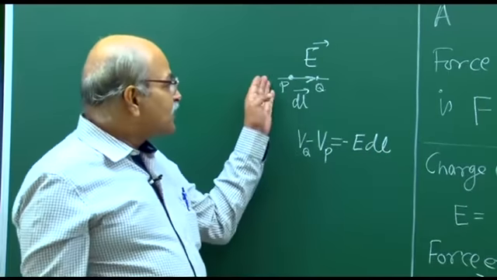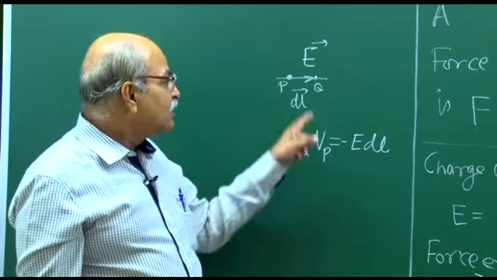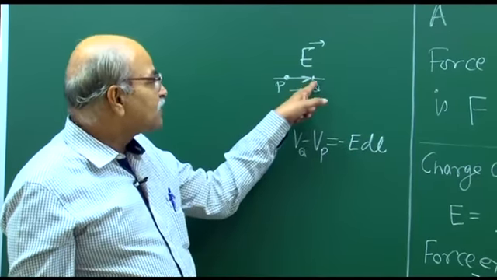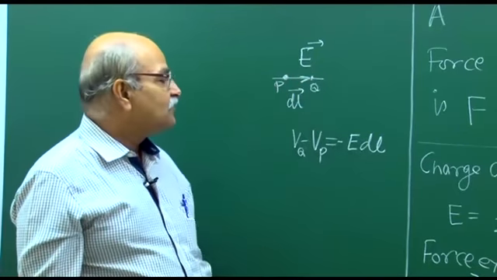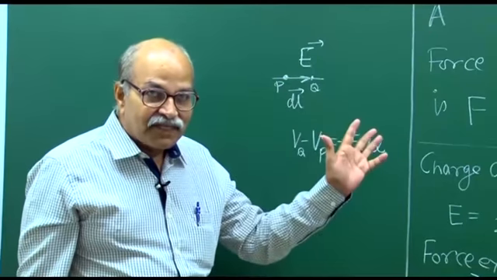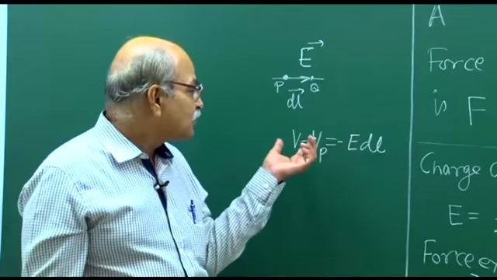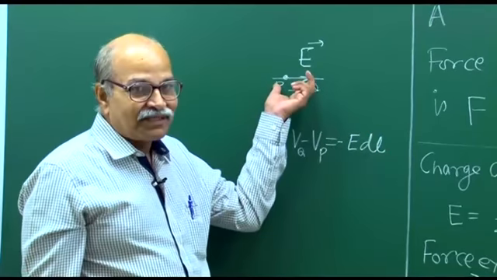If we are going in the direction of the electric field, E into dl with a negative sign is the potential difference VQ minus VP. That means if we go in the direction of the electric field, the potential decreases, and this is the potential difference between these two points.